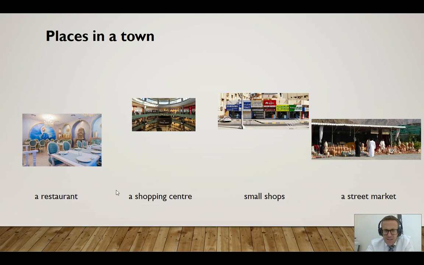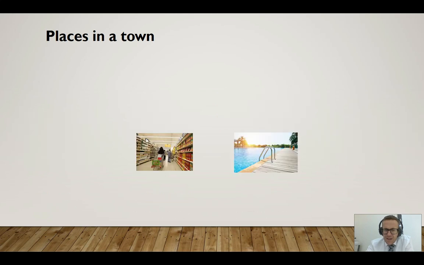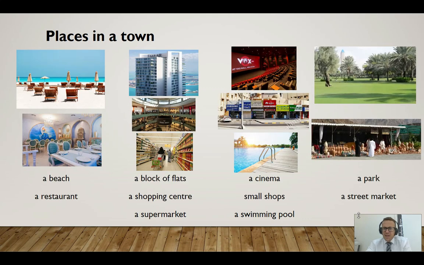So easy to understand, but some difficult spellings, maybe restaurant is difficult. And then finally, we have a supermarket, a swimming pool. Notice swimming has a double M. So here are the 10 places in a town. These are all very common in Abu Dhabi and Dubai, so you should get used to using them.